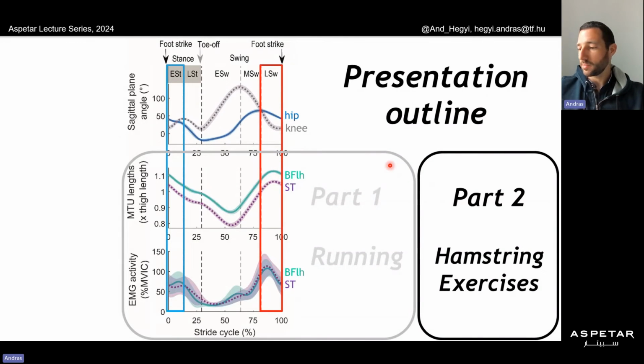In the second part of my presentation, it might be a bit overwhelming, too much information, but I promise you that the second part will be a lot shorter and I will try to simplify it. But I also found it important to understand the biomechanical basis of hamstring injuries, to understand how these are related to the hamstring exercises we typically apply to prevent injuries.